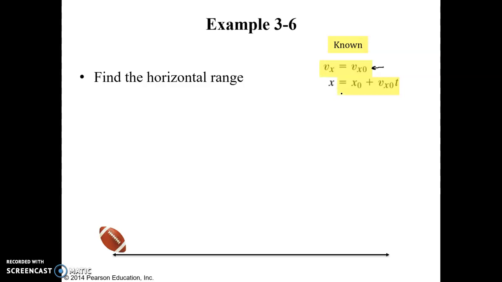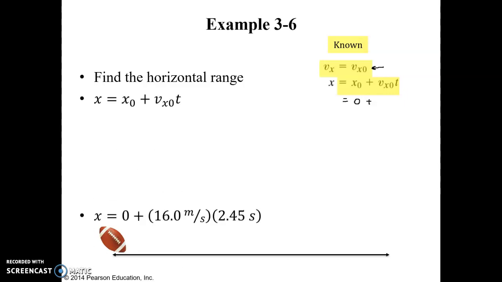So almost by necessity, we need to use this second equation right here, x equals x naught plus vx naught t. So the initial x position we'll call 0. The velocity, we found that in an earlier slide when we broke it down into x and y components.